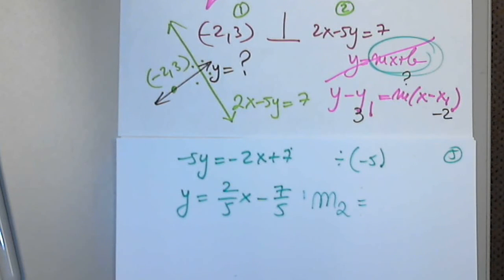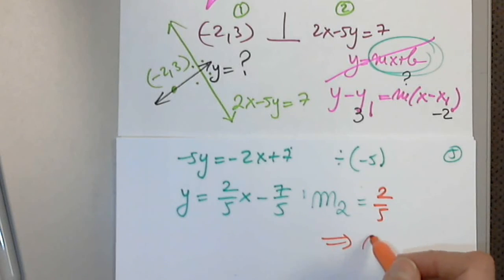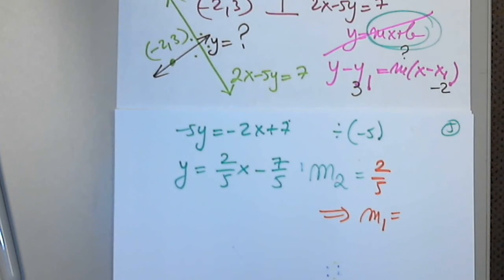So I have the slope, what I'm going to call m2. What is the slope of this auxiliary line, the given line? 2/5. Therefore, I know what m1 equals. 5 halves. The product is 1. 5 halves will not work.